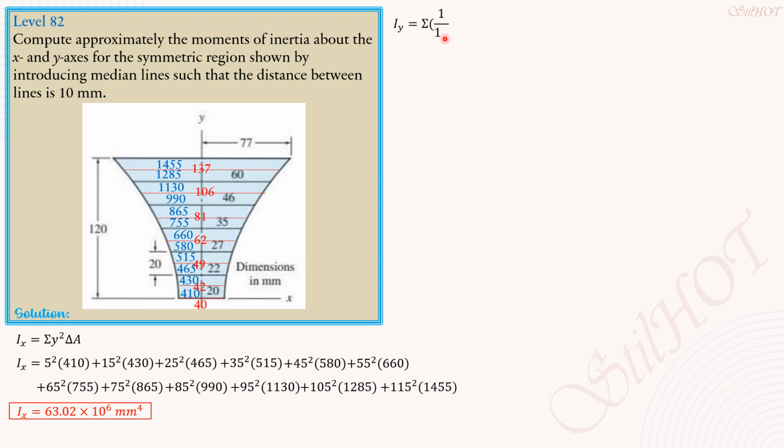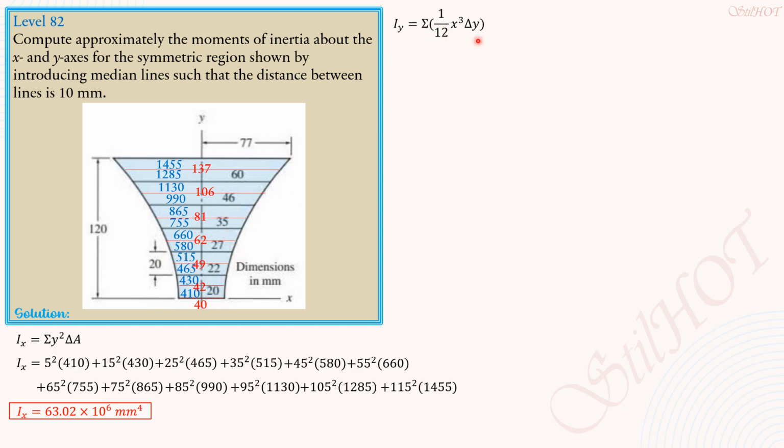Iy is summation of 1/12 x cubed delta y. So remember, if we have a rectangle here, the moment of inertia with respect to the y-axis, which happens to be the centroidal axis also of the rectangle, is 1/12 base cube, where the base is x, these red values here, and intermediate values not shown.